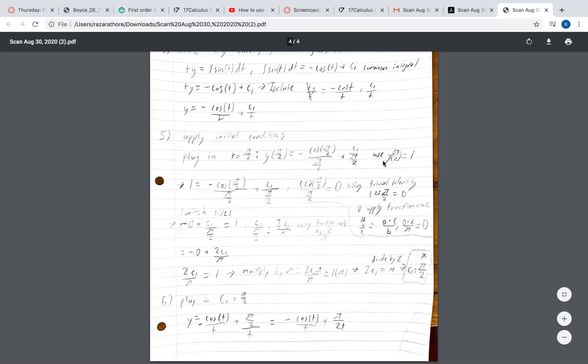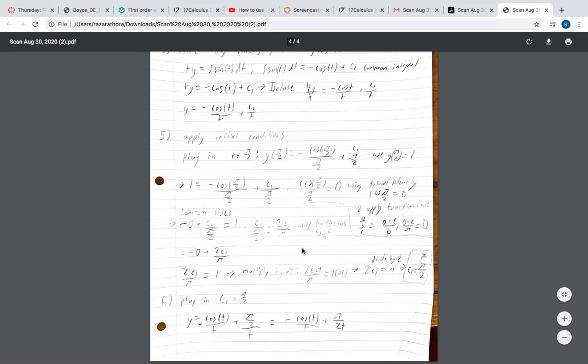And then you're going to use y of pi over 2 equals 1. So we're going to have 1 equals negative cos(pi over 2) over pi over 2 plus c1 over pi over 2. Cos(pi over 2) over pi over 2 equals 0 when we use the trivial identity and the fraction rule. So when you switch your sides, you're going to get negative 0 plus c1 over pi over 2 equals 1. c1 over pi over 2 equals 2c1 over pi.